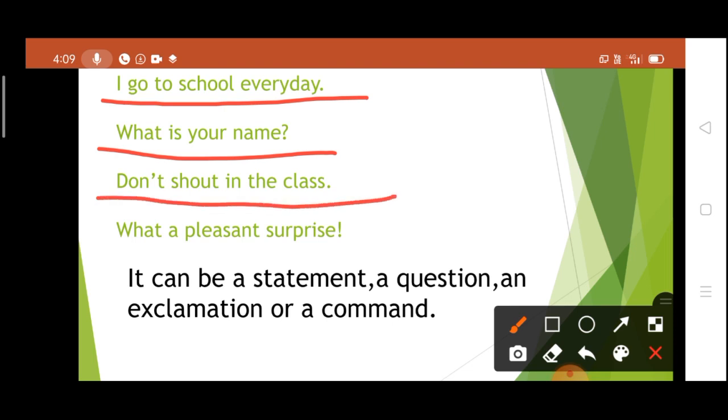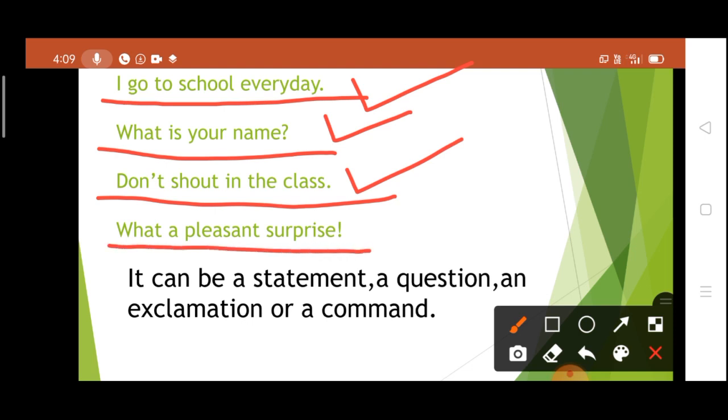But you can see, children, all these sentences are not the same. They are different from each other. And the last one, "What a pleasant surprise!" This can also be understood by everyone and is also called a sentence. But all these are different because the first sentence is a statement, the second one is a question, the third one is a command, and the fourth one is an exclamation.